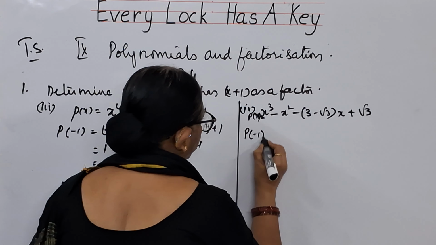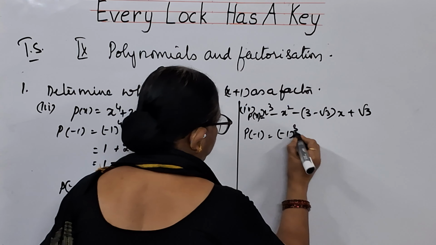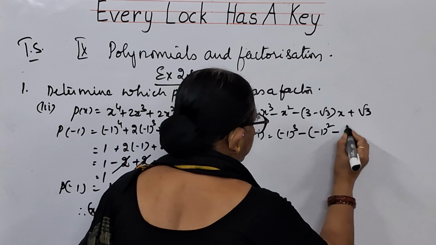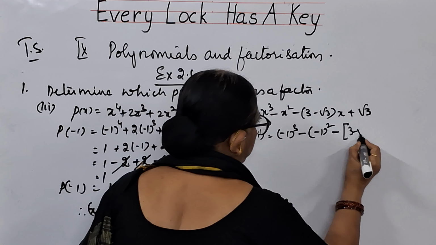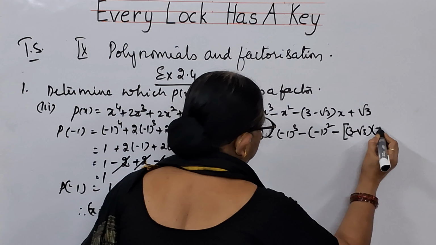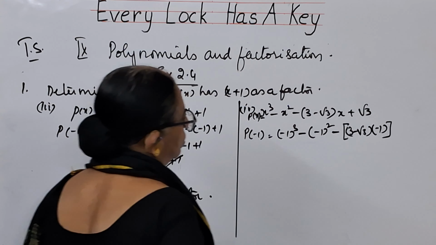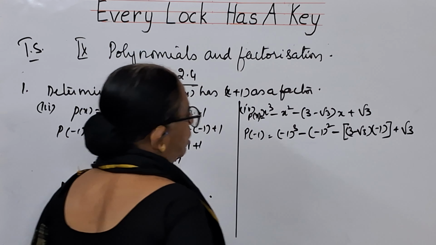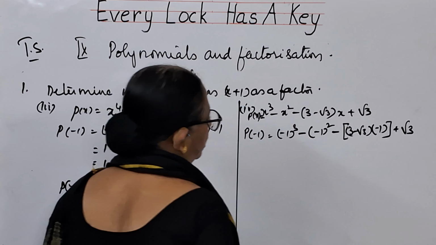P of minus 1. Minus 1 whole cube minus of minus 1 whole square minus (3 minus root 3) into minus 1 plus root 3. Because of the minus sign, I need to write like this.